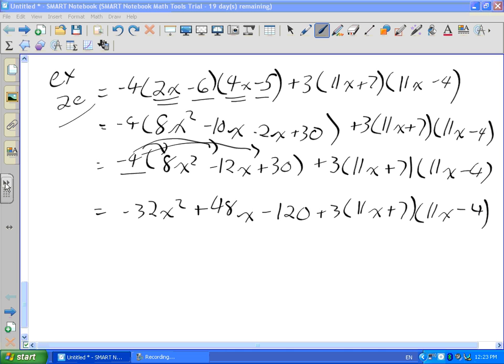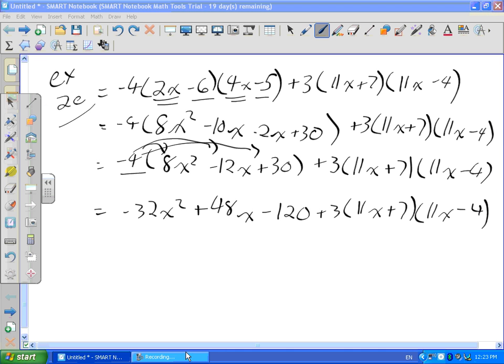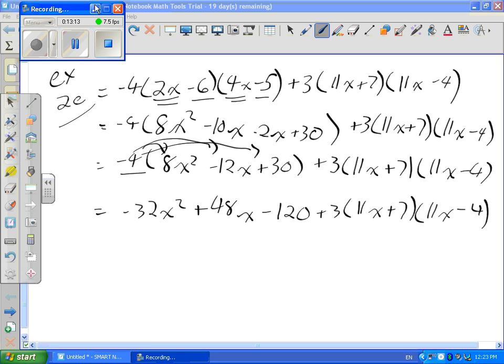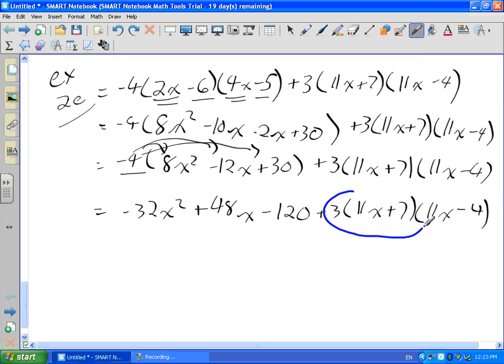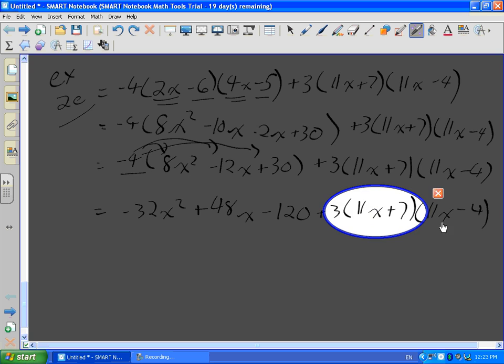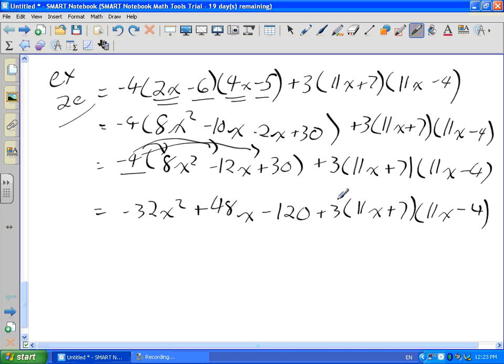I'm going to do this one a little differently, just to show you the two different ways. So, gentlemen, I've done the first one. So, I'm going to deal with the second one now. Instead of FOILing the brackets first, there's another way we can do this. I can actually just put that 3 into the first bracket, okay? I'm going to distribute this 3 to both those numbers. Then I'm going to FOIL the brackets after.